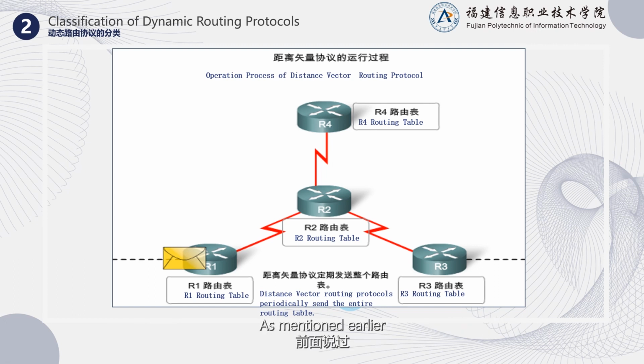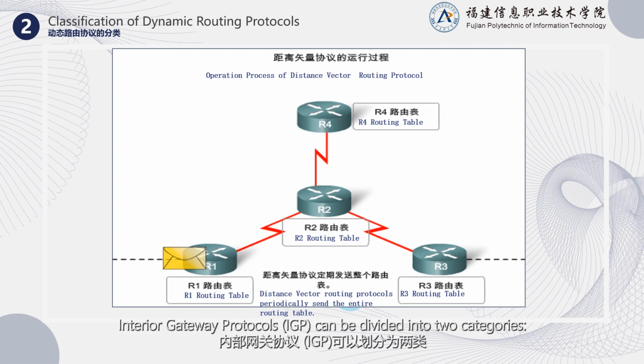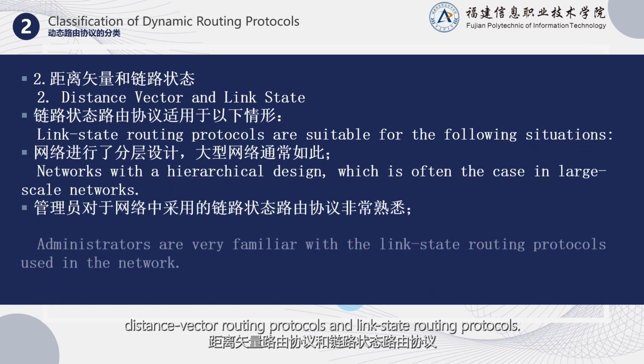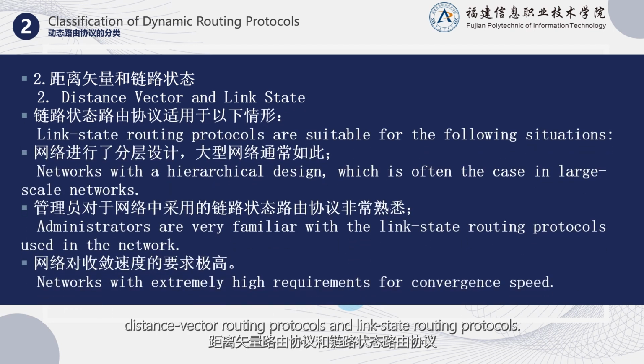As mentioned earlier, interior gateway protocols, IGP, can be divided into two categories: distance vector routing protocols and link state routing protocols.